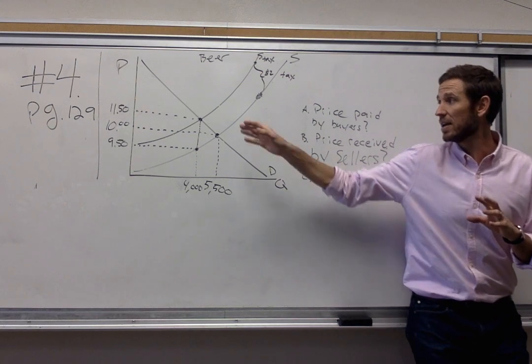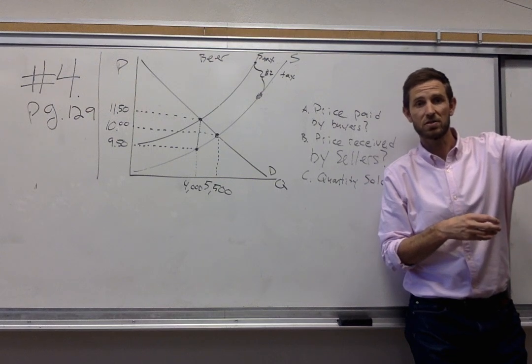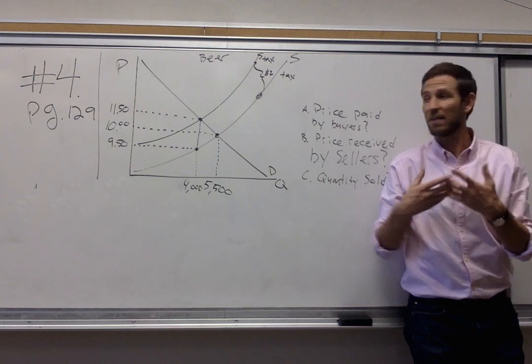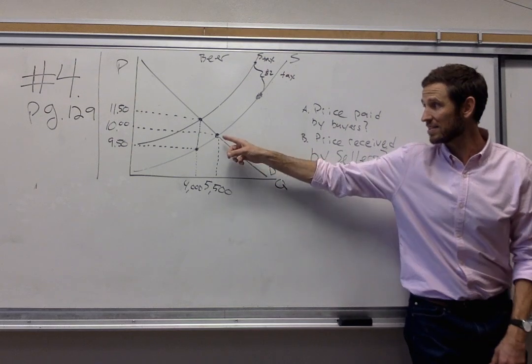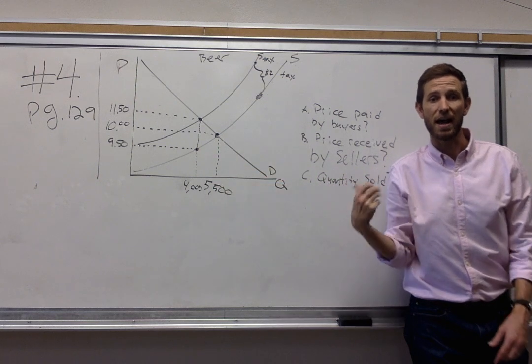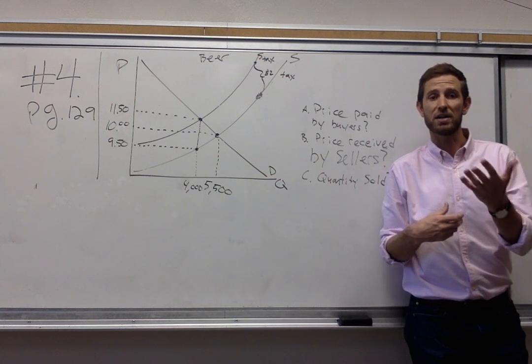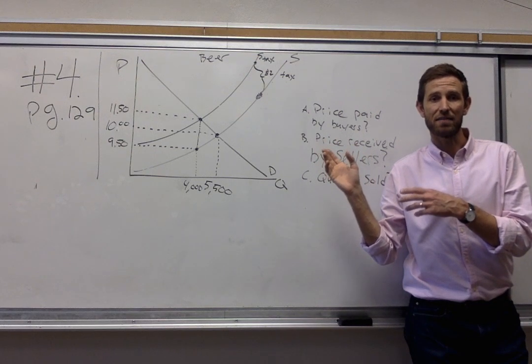So in that way, then the firm will take that $11.50, hand over $2 to our government, and they're left with $9.50 that business then gets to keep. So the effective price that the seller is receiving is in fact pushed down lower after this tax is put into place. Buyers pay $11.50, sellers are now going to receive only $9.50.